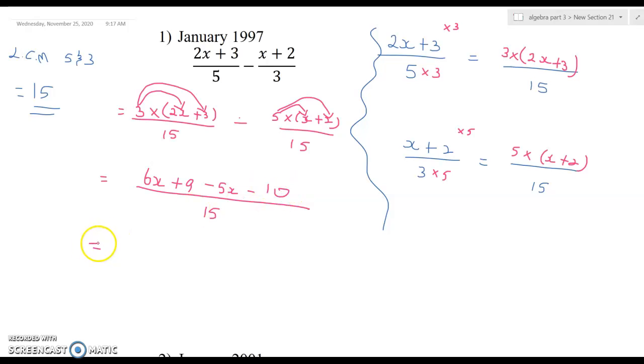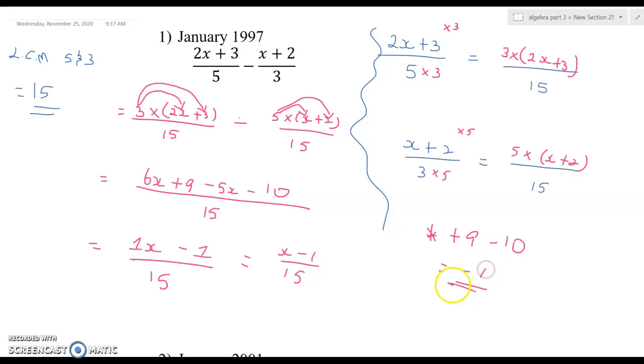From there, let's just simplify the top. 6x take away 5x is 1x. Plus 9 take away 10 is minus 1 all over 15. So we get x minus 1 over 15. Just to review, plus 9 take away 10. Remember, it's a smaller number take away a bigger number.